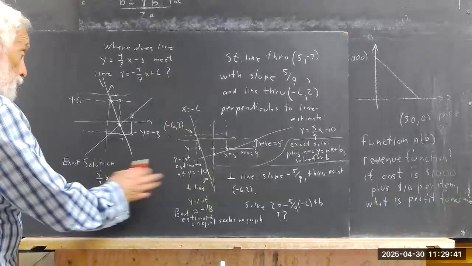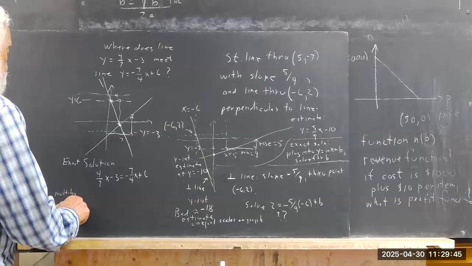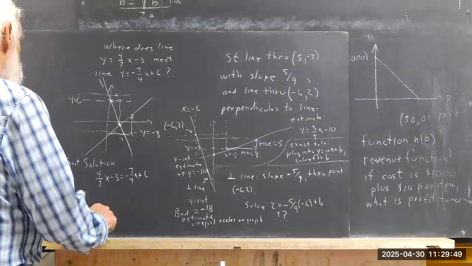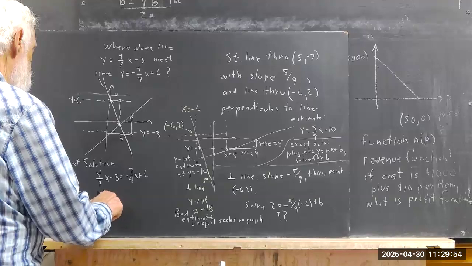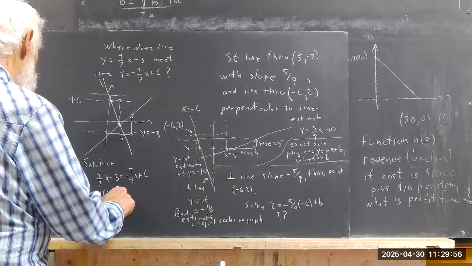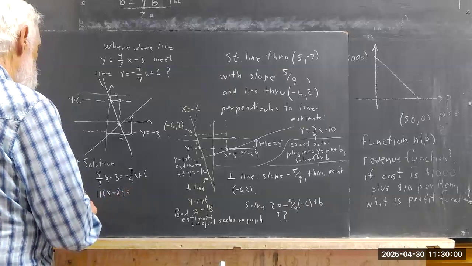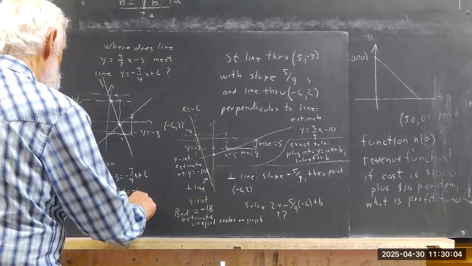Multiply both sides by 28, which is the least common denominator. And I get 28 times 4, which is 116, and 84. And negative 28 times 7 is negative 100.